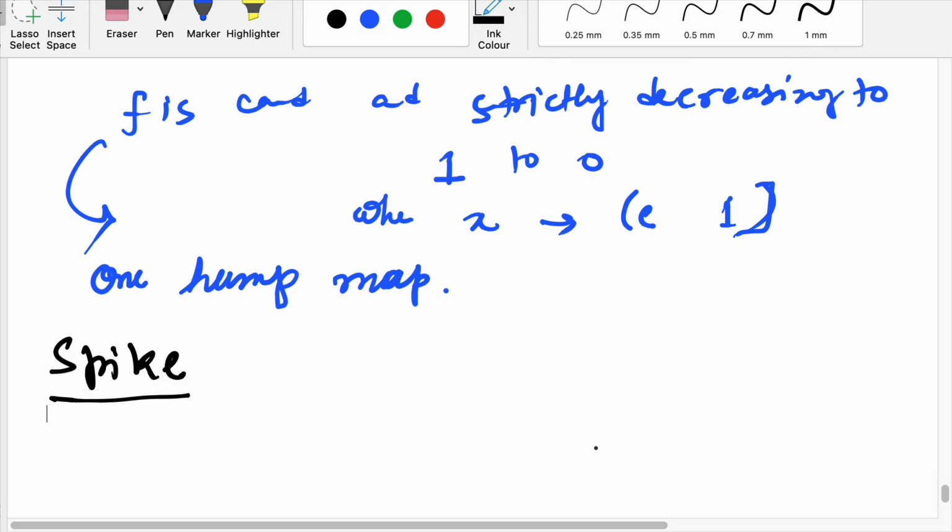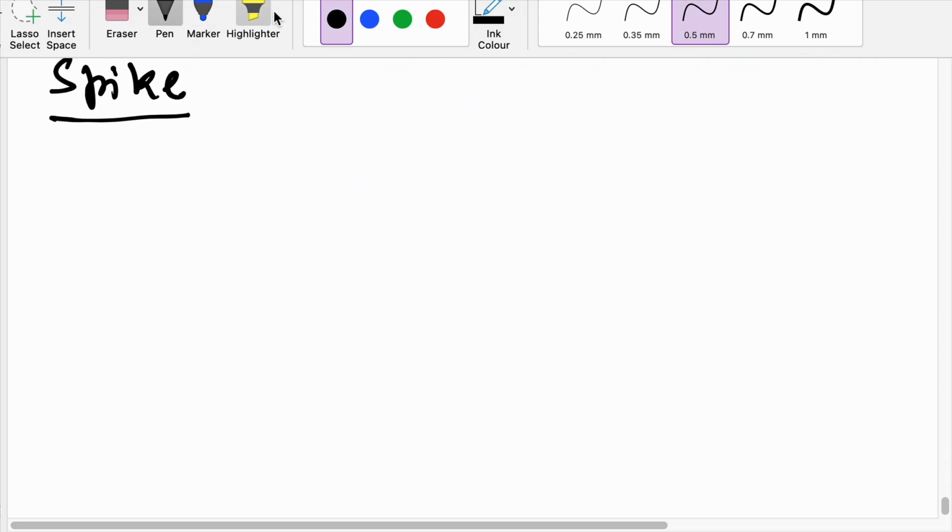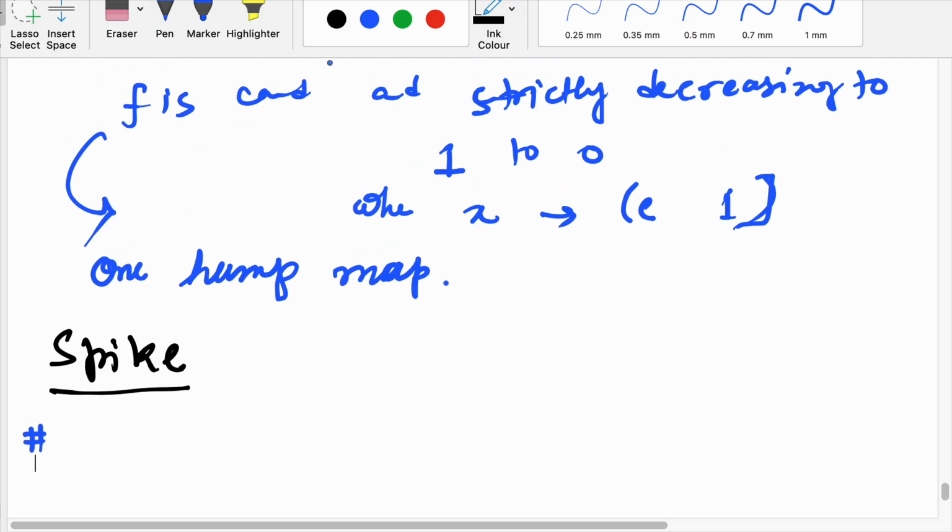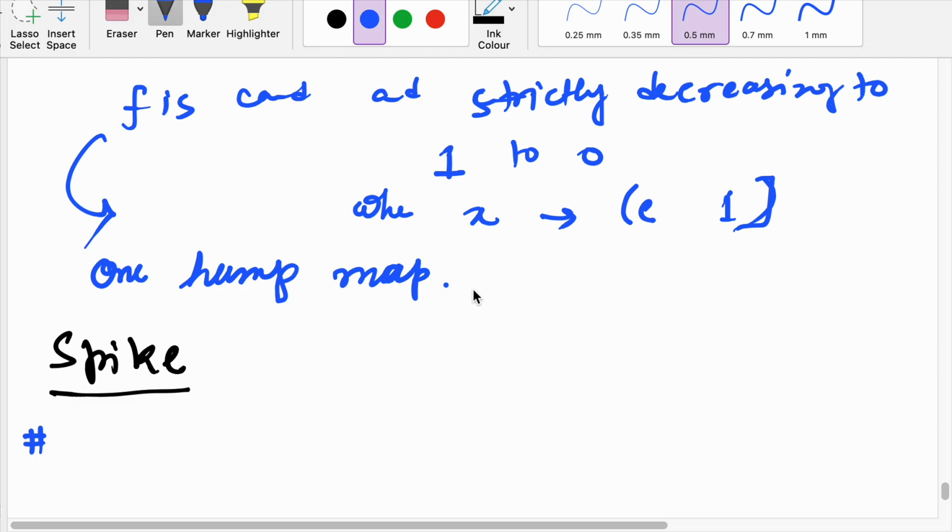Not only that, in this series of lectures we will also prove that this map is called a wiggly map. A one hump compact map contains two things.